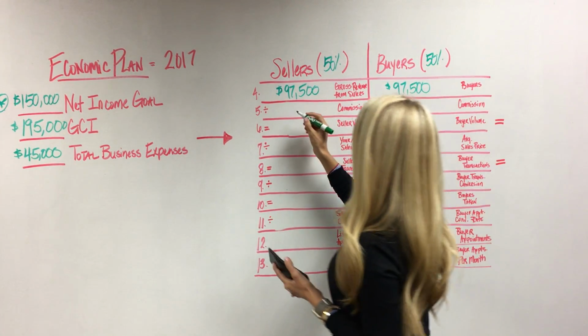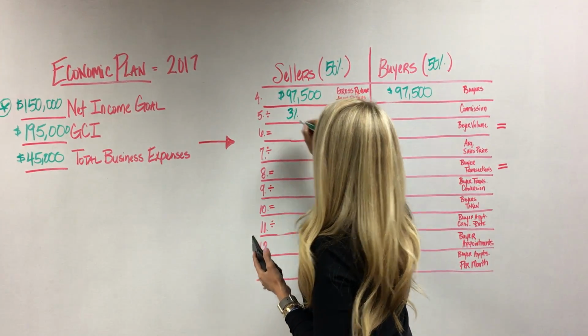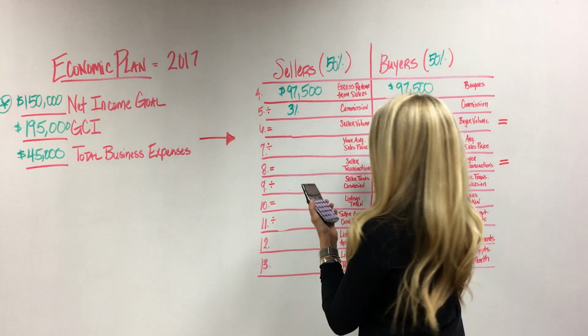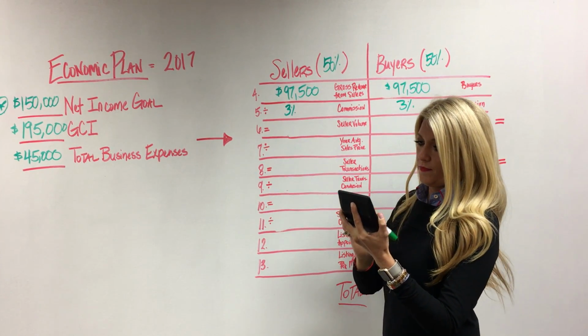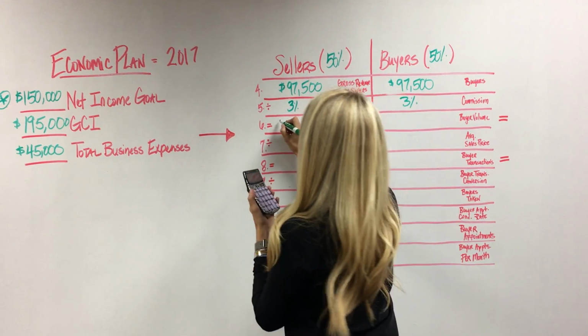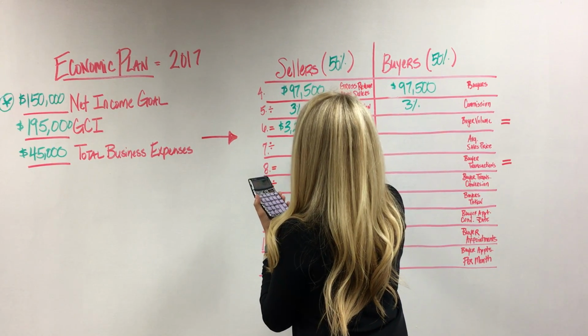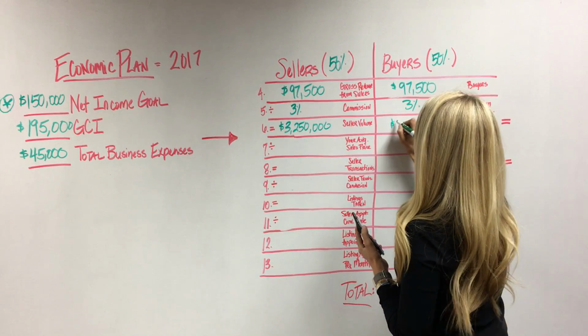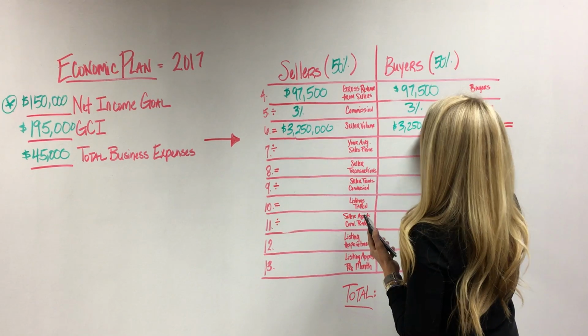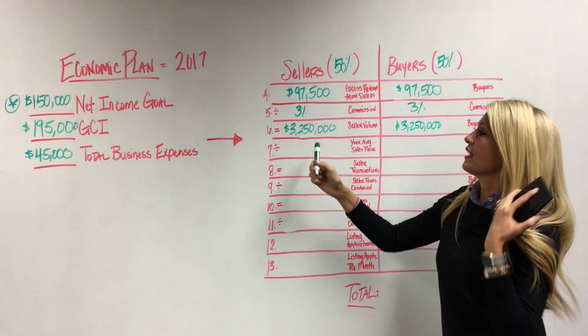So then next we're going to divide this by our commission, which we're going to average to be 3%. What that's going to give us is our total volume that we would need to close, and it's going to be the same for both sides. So hang with me here and let me explain it.